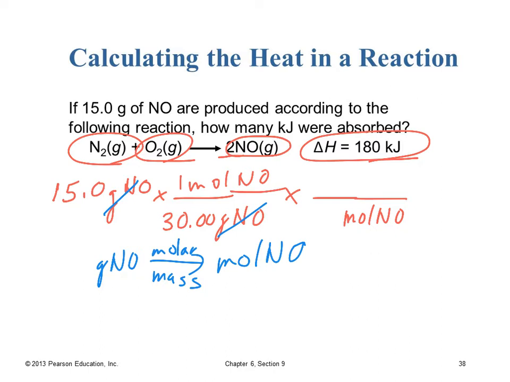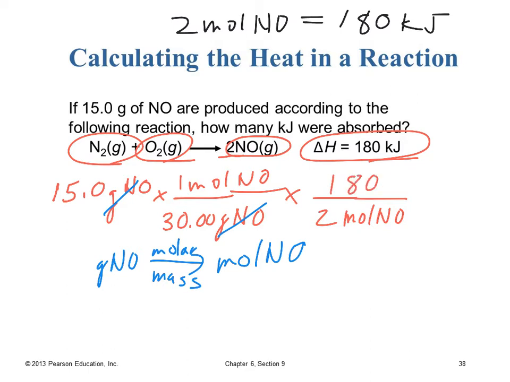So I know, thanks to that chemical equation, that 2 moles of nitrogen monoxide are produced, and they require 180 kilojoules. So I know that 2 moles of nitrogen monoxide is equivalent to 180 kilojoules. So I've gotten rid of moles of nitrogen monoxide, and I've gone to kilojoules using my chemical reaction.